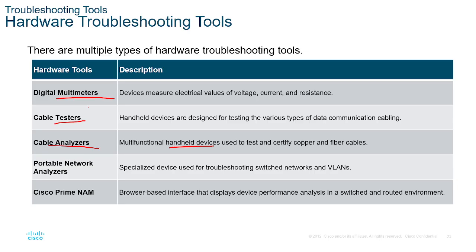A cable analyzer is a multifunctional handheld device used to test and certify copper or fiber cable. Portable network analyzer is a specialized device used in troubleshooting switched networks and VLANs. So for VLANs and switched networks, we will use a portable network analyzer. Cisco Prime NAM is a powerful browser-based interface that displays device performance analysis in a switched and routed environment.